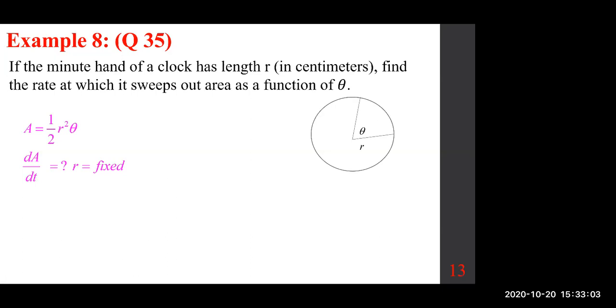One way to remind you of how we got that: if you recall, the area of a circle is pi r squared, or you can say 1/2 r squared times 2 pi, and that's basically it, where 2 pi is replaced by theta. That's the concept.